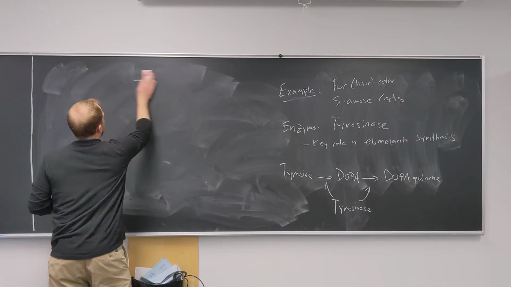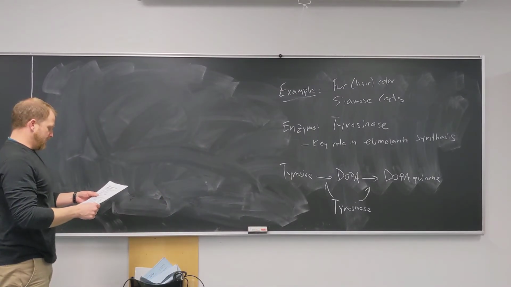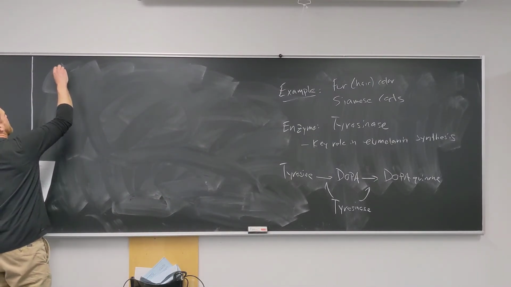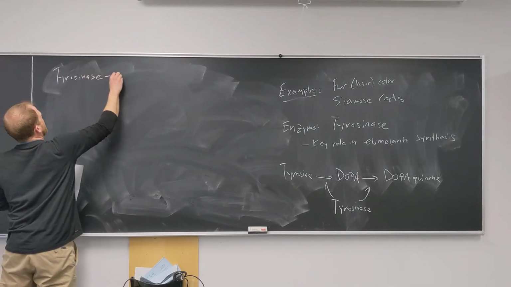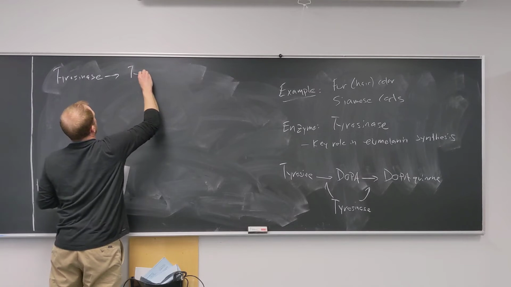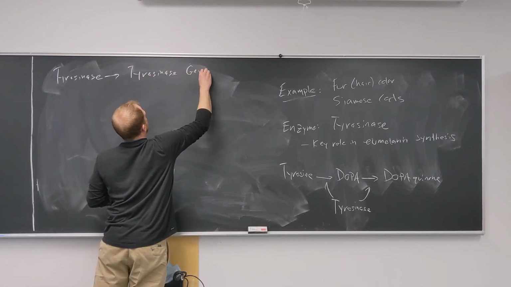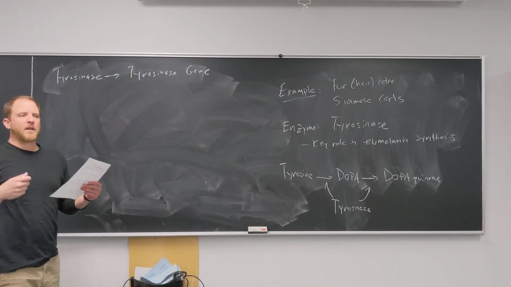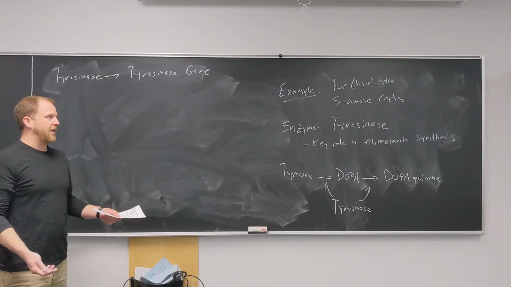So let's get back to our Siamese cats and our complex trait. Tyrosinase is encoded by the tyrosinase gene, and as you would expect, there are many different kinds of alleles of the tyrosinase gene.